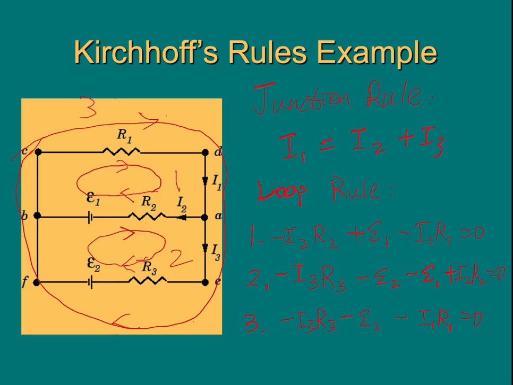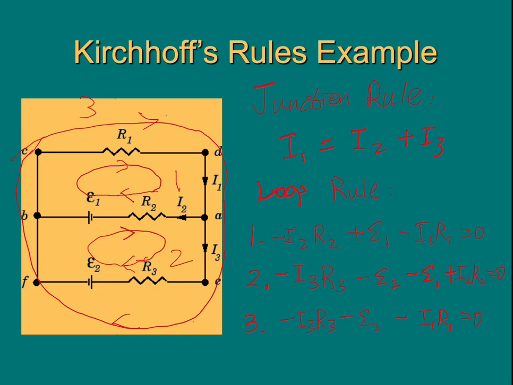The current that goes out from A is I2 plus I3. So the junction rule gives us I1 equals I2 plus I3. You can check by yourself that if you do the same for junction B, you'll get the same equation, I1 equals I2 plus I3. Okay, now we can have three loops.